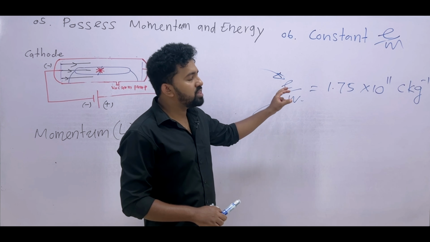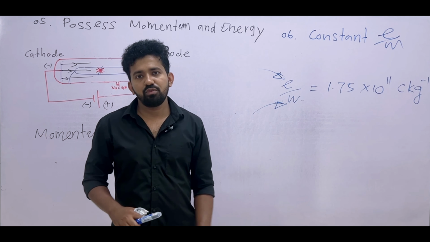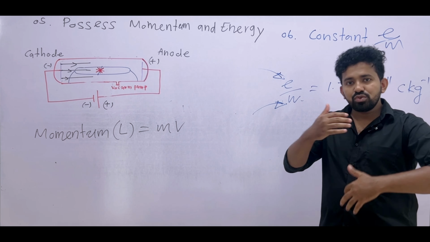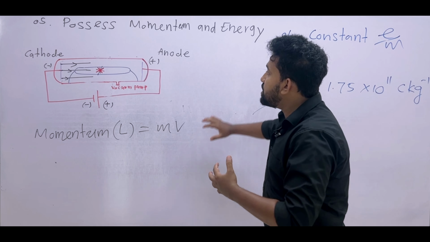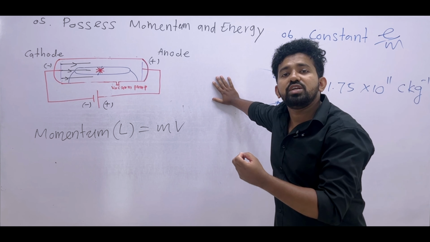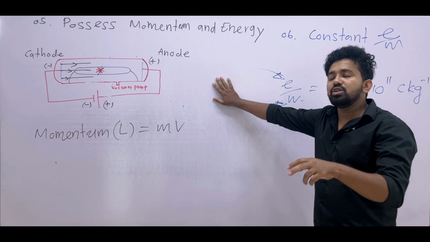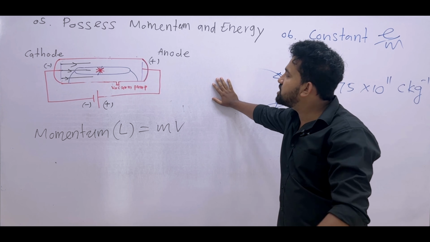So how do we determine the value for the cathode rays? Before going to that one, we need to know from where the cathode rays originate.